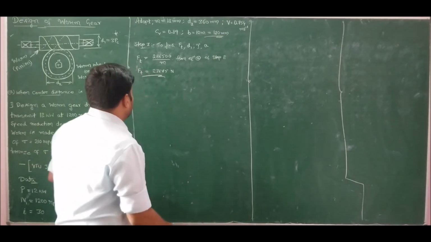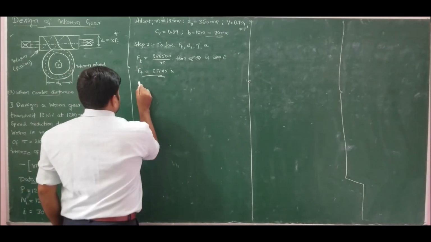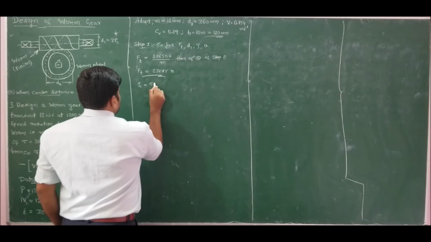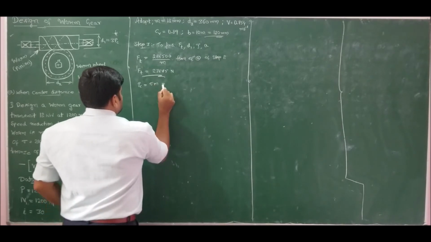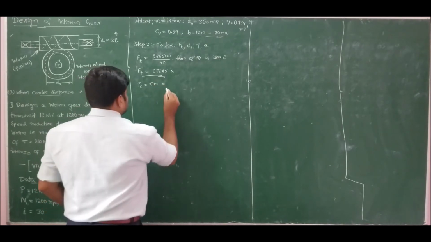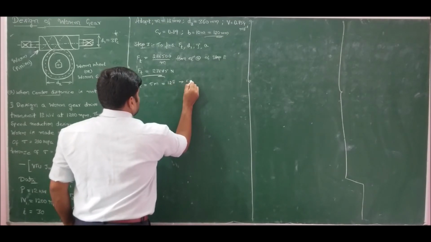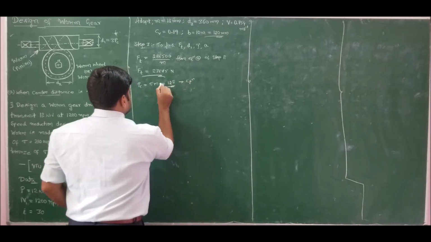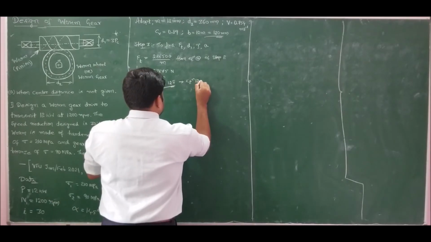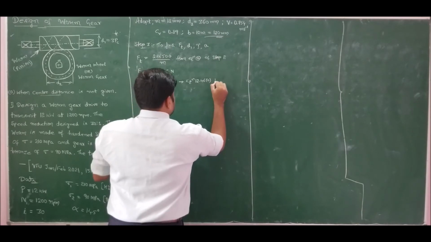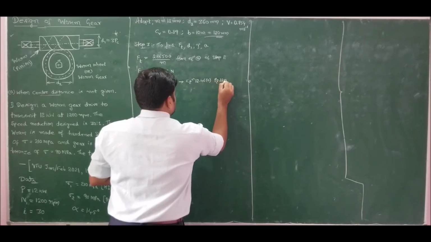So first let me calculate the circular pitch. Circular pitch is given by pi m, so I will get 12 pi. This is from equation 12.46a, page number 220.